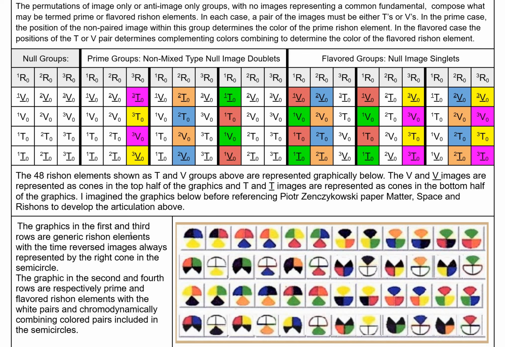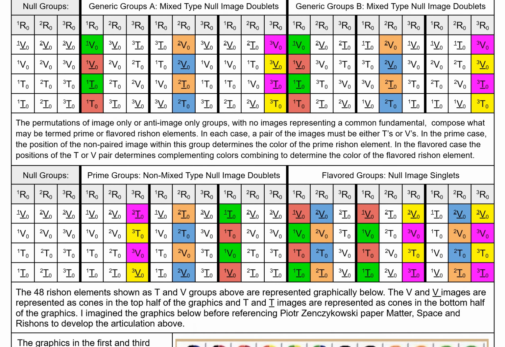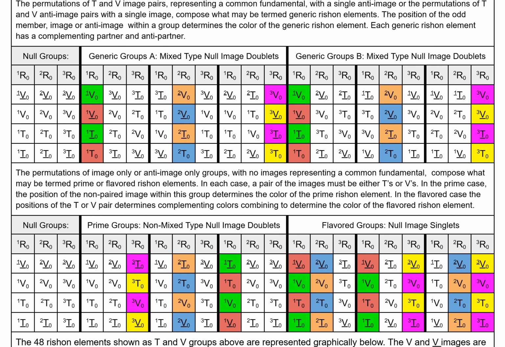The graphics in the first and third row are generic Rishon elements. Those are the elements that are up above here.